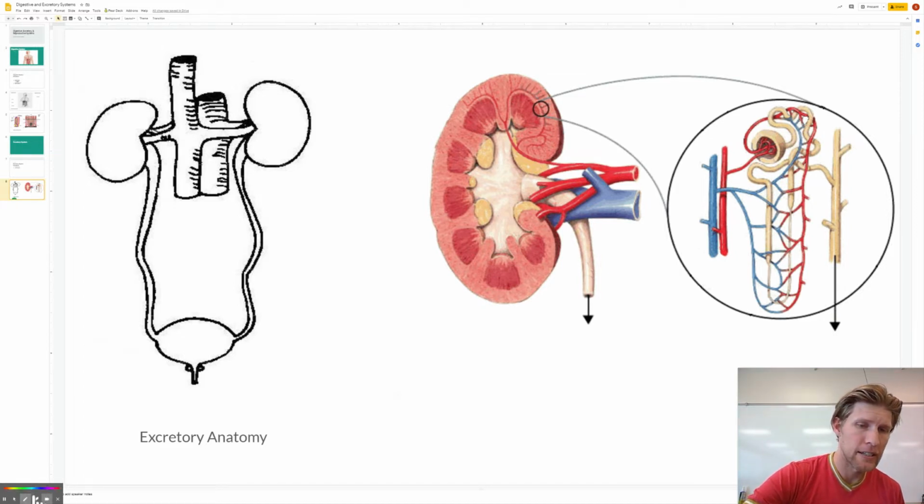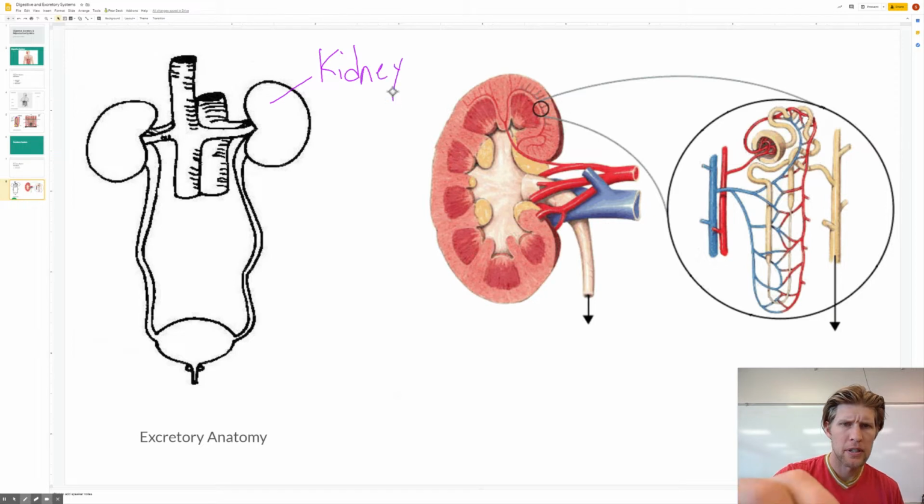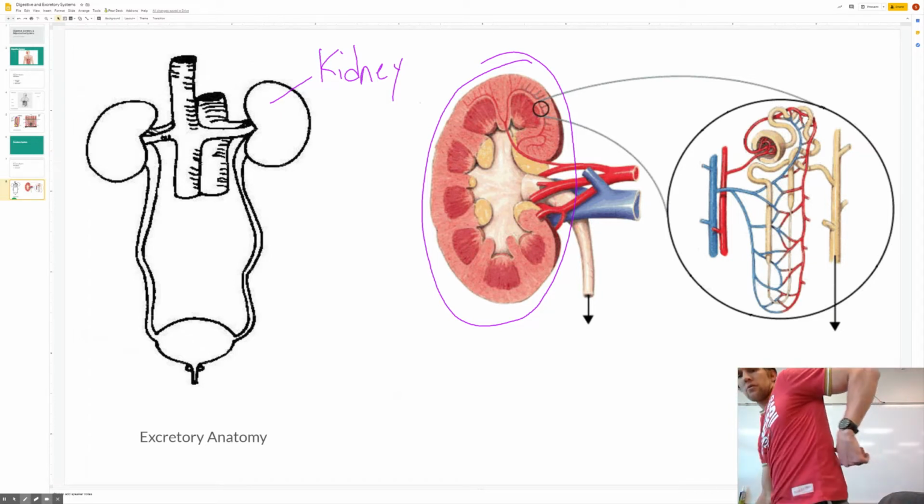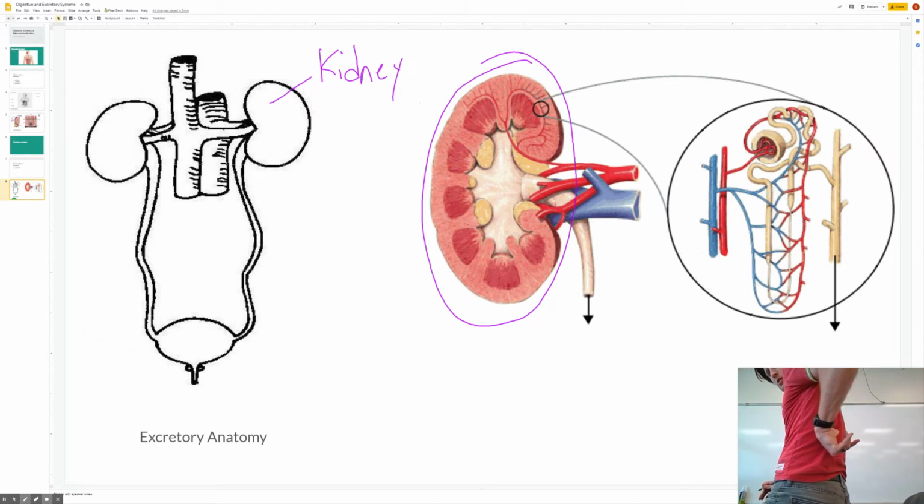Alrighty. Well, first off, you have your kidneys here. That's a kidney. So this right here is an inside look, if you cut it, you make a frontal cut across the kidneys. Kidneys actually sit up in your back right around here.